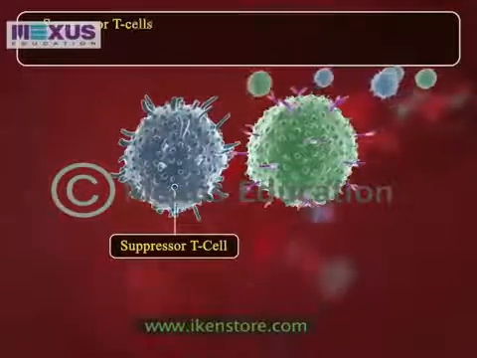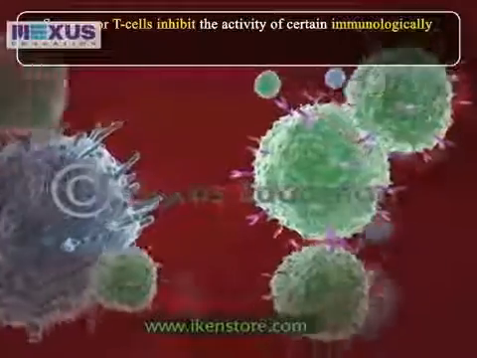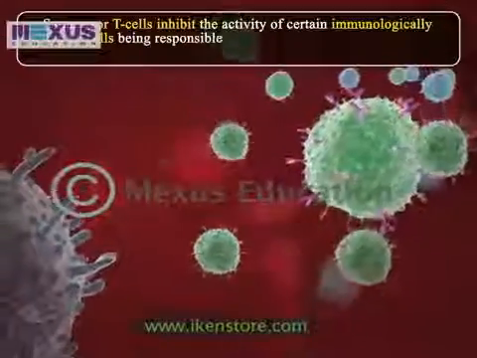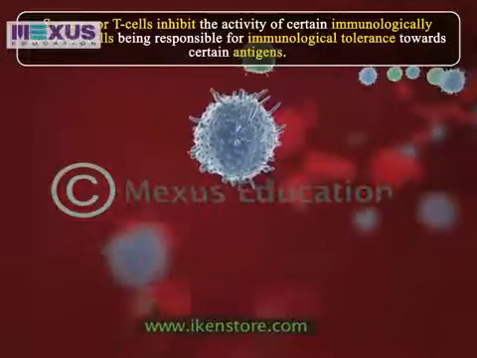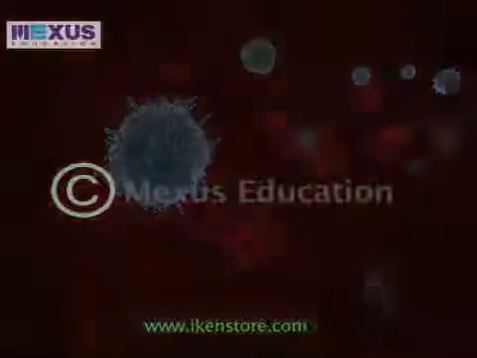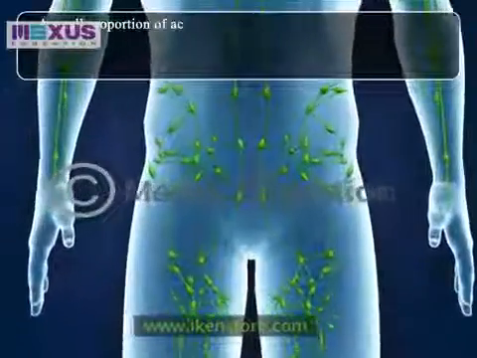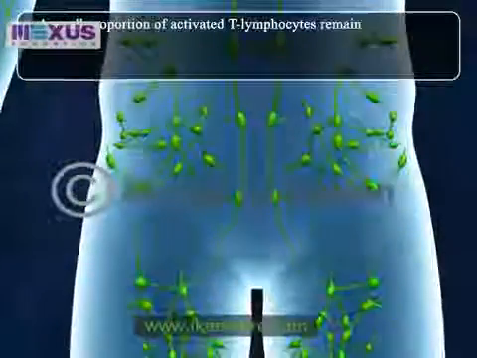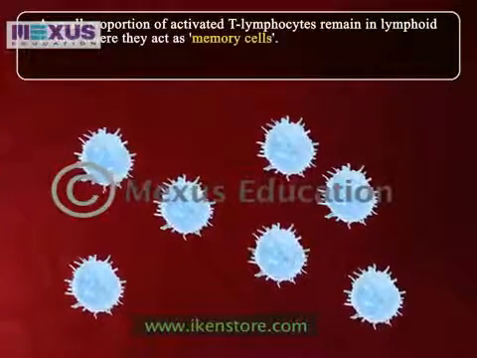Suppressor T cells inhibit the activity of certain immunologically activated cells, being responsible for immunological tolerance towards certain antigens. A small proportion of activated T lymphocytes remain in lymphoid tissues where they act as memory cells.